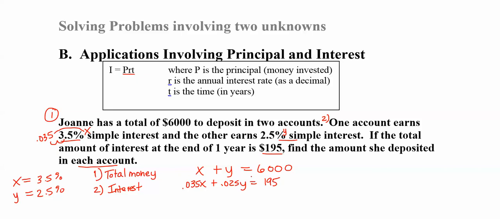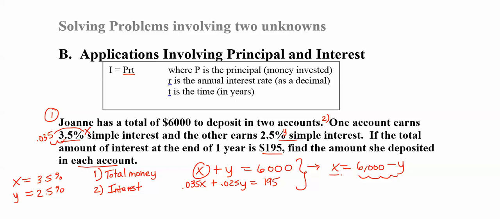So now that we've got our 2 equations set up, I'm going to take my first equation and get x alone. So I'm going to use the substitution method. So instead of x plus y equals 6,000, I get x equals 6,000 minus y. So we move the y over and subtract it to the other side.